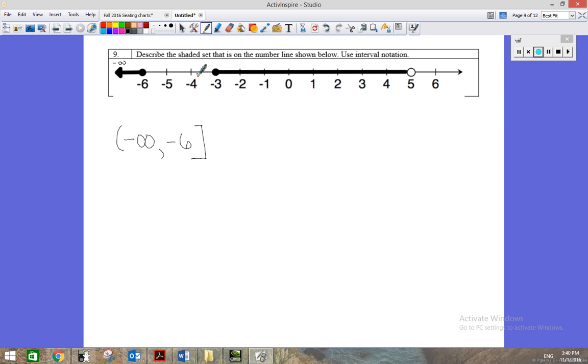Since I have a break in the graph, I have a jump, so I need a union symbol, and then I've got -3 all the way to +5, those values. I include -3 because it's a solid dot. I exclude +5. +5 is not shaded. It's not a part of this set. And there's my answer. That describes the infinite set of numbers that are shaded on this number line.